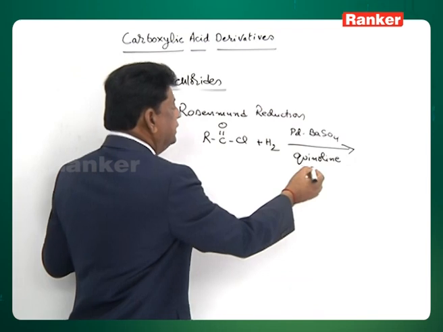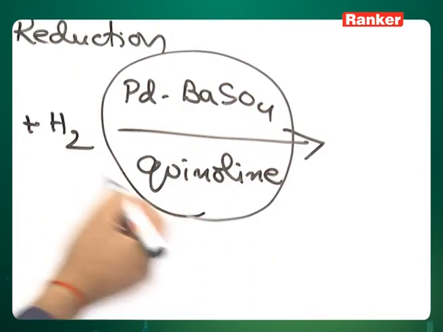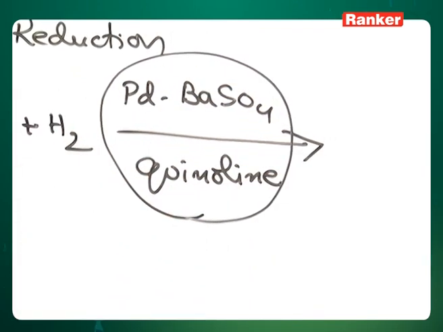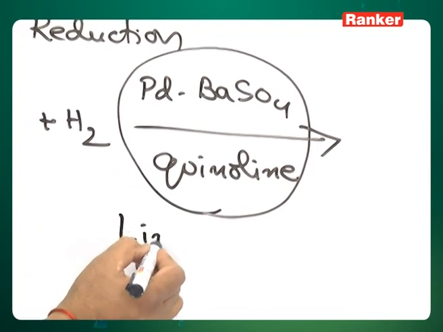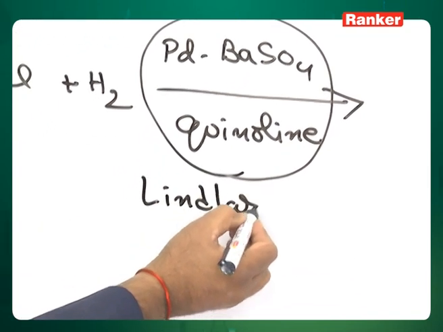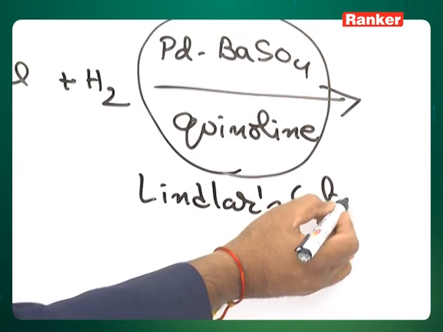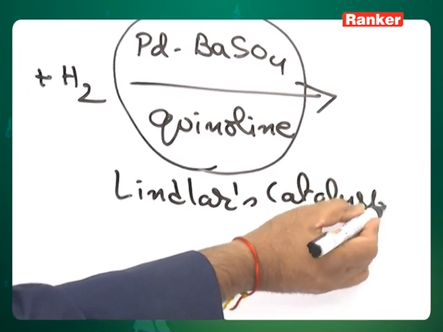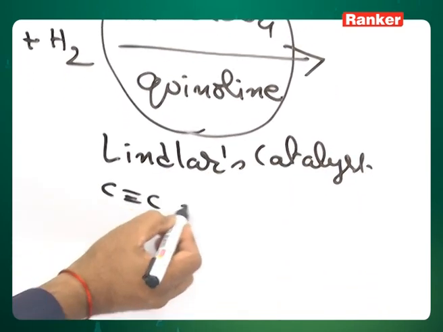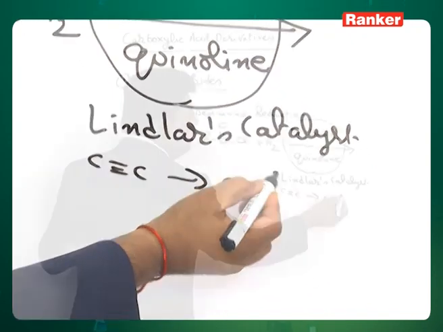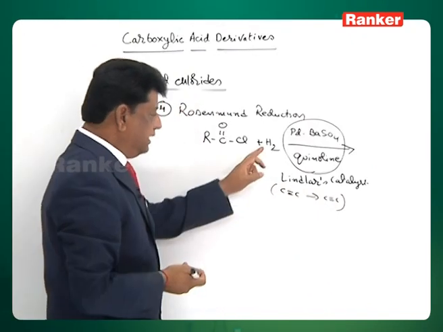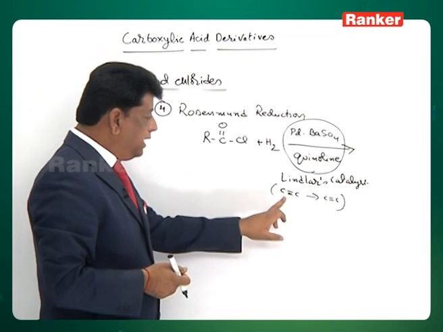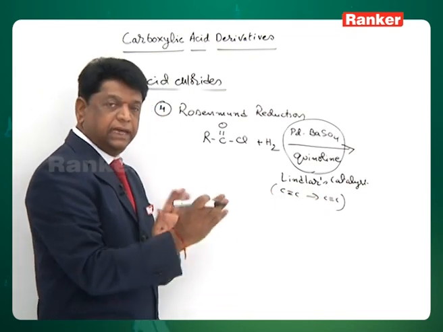This mixture of palladium with barium sulfate and quinoline is also known as Lindlar catalyst. The catalyst we used in the case of converting the triple bond specifically into the double bond using the same catalyst and hydrogen gas. Yne can be converted into ene selectively.